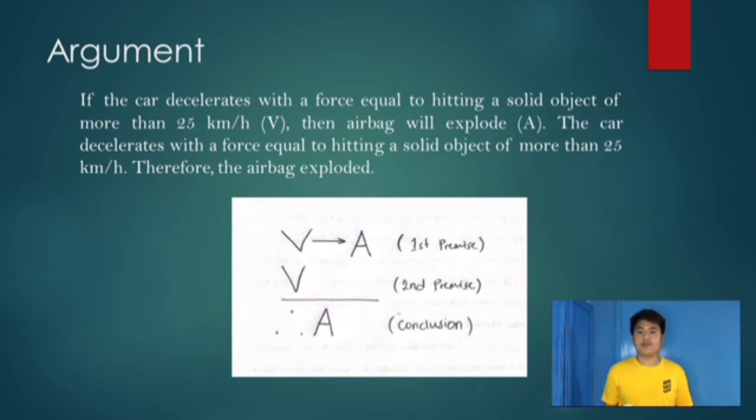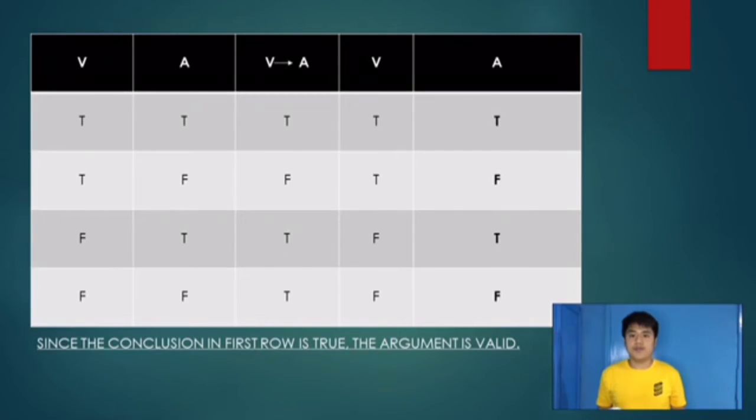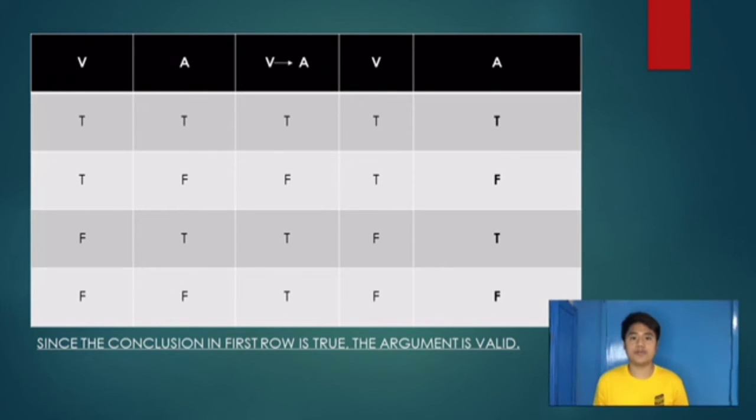Now we have to construct the truth table to test the validity of the argument. We list all the possible assignments of truth values to the sentence letters. In our particular example, since there are only 2 sentence letters, there should be 4 assignments. Within the completed truth table, the first 2 cells provide the assignment of truth values, and the other 3 cells tell us the truth values of the premises and the conclusion under each assignment.